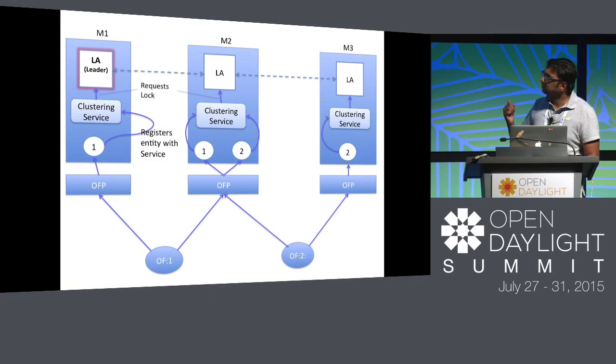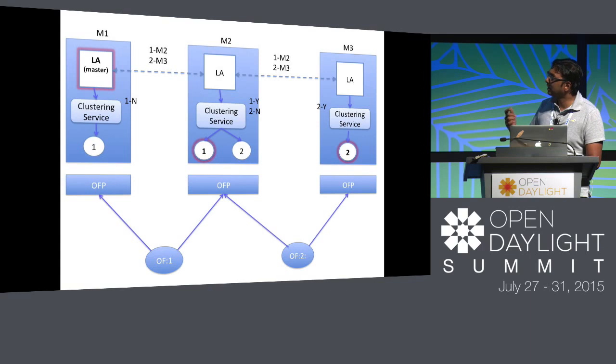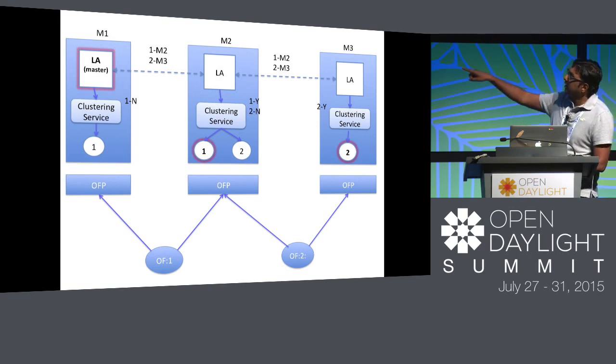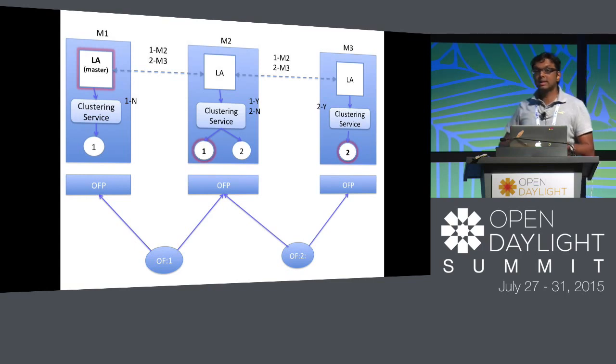It's going to request a lock, and this is the way it's going to be: the member 2 for OF1 has got one master over there, and they get selected. The way it gets selected can also be based on the strategy which can be plugged in by that app.